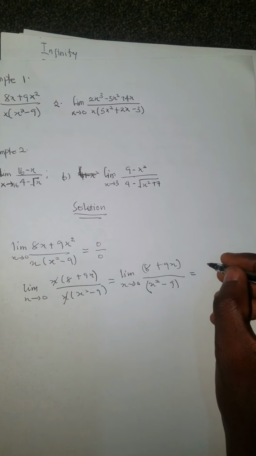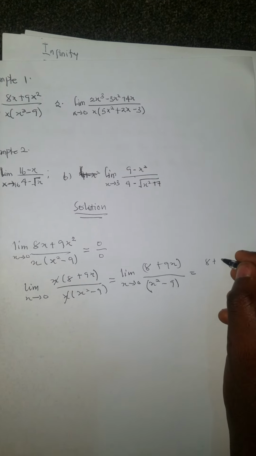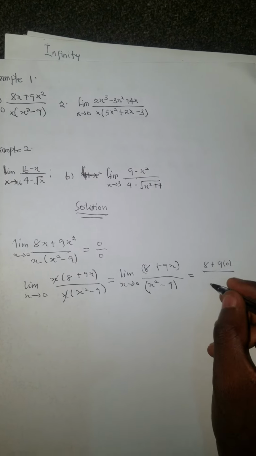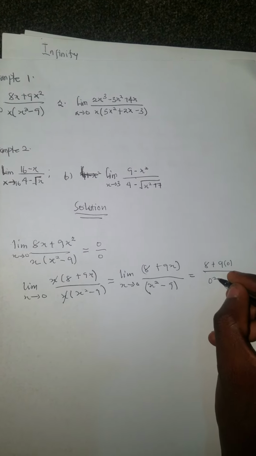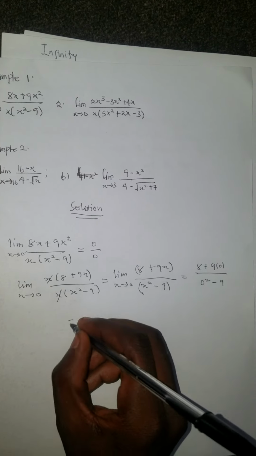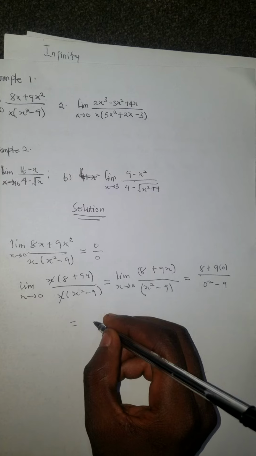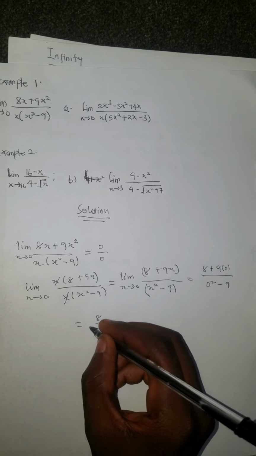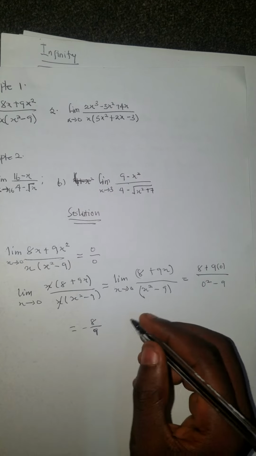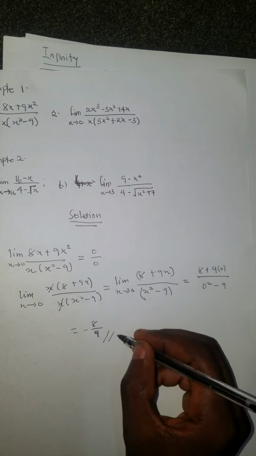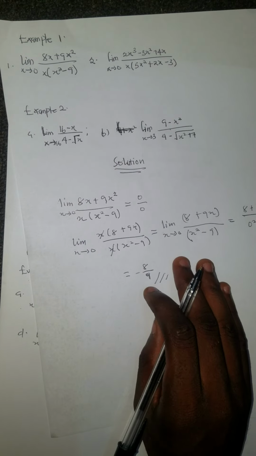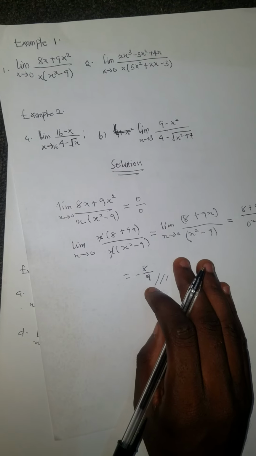If you substitute, you get 8 plus 9 multiplied by 0 all over 0 squared minus 9. And this will give us minus 8 over 9. So our answer is minus 8 over 9 for the first question of example 1.